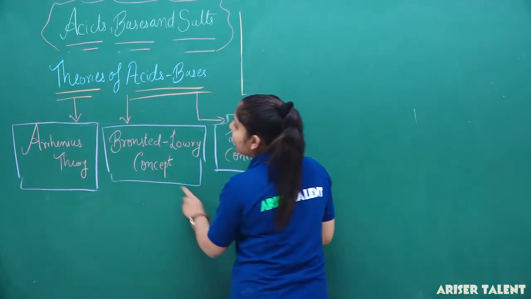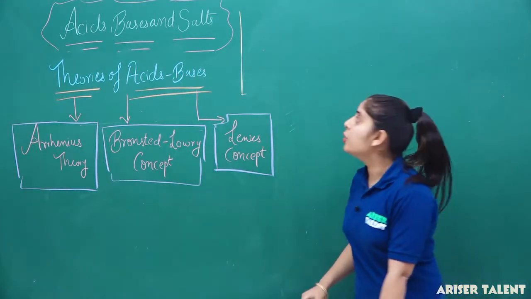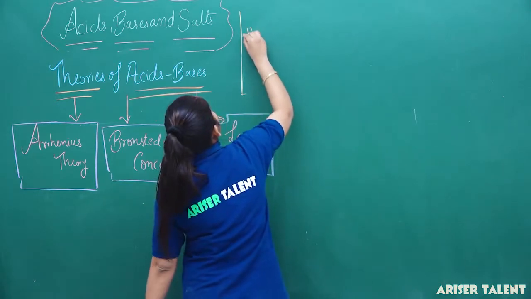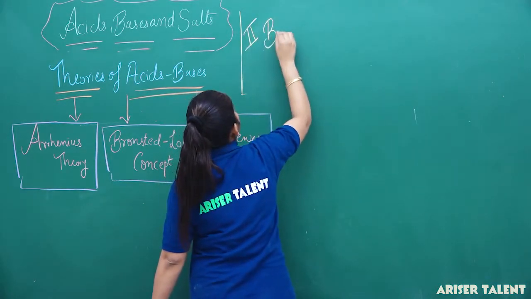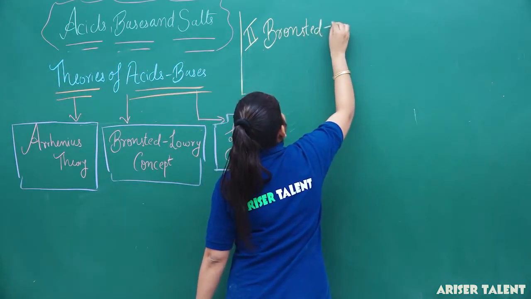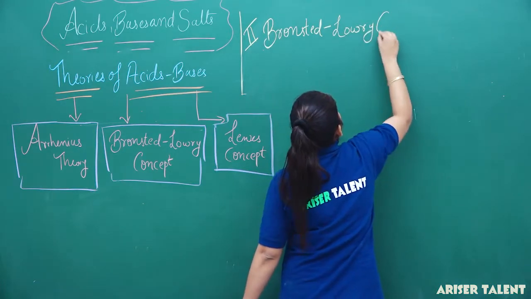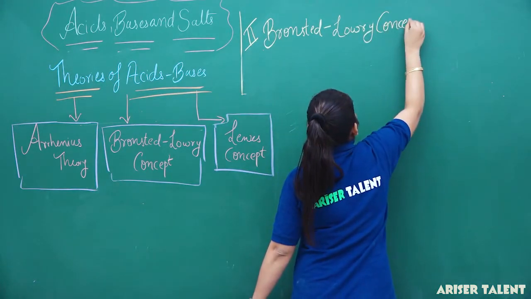Now we are on our second theory regarding acids and bases, and our second theory will be the Bronsted-Lowry concept.